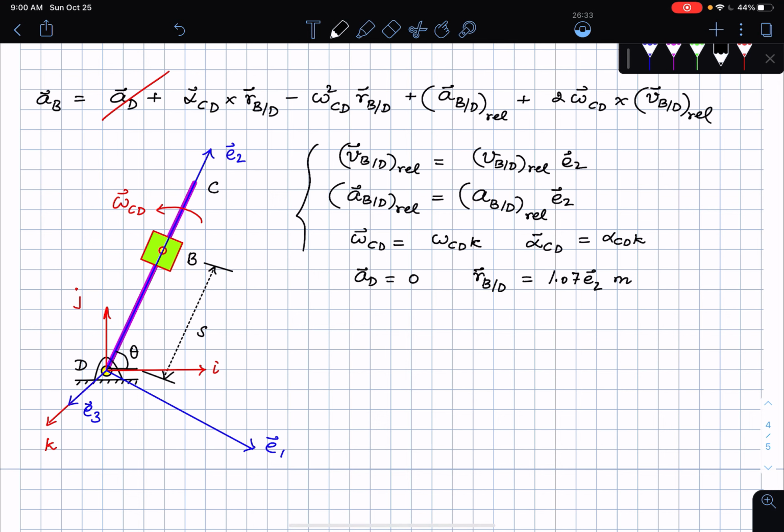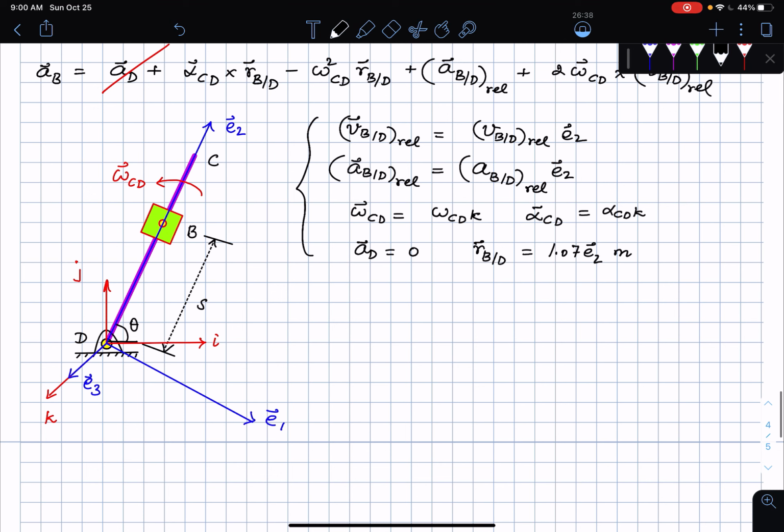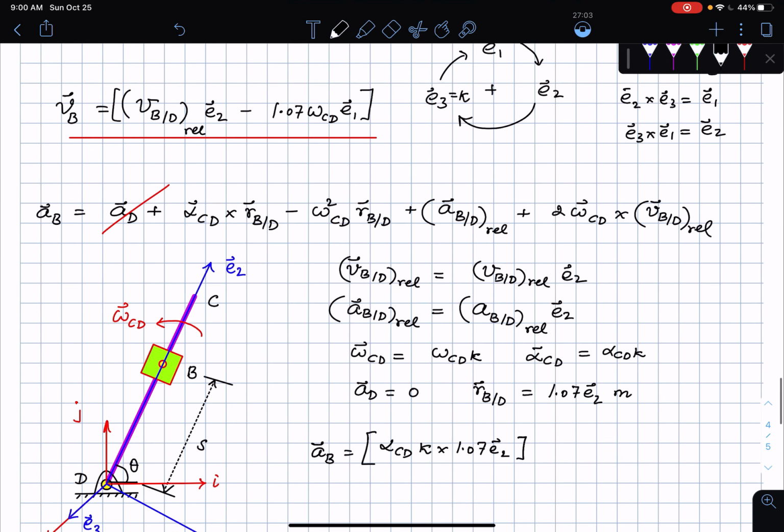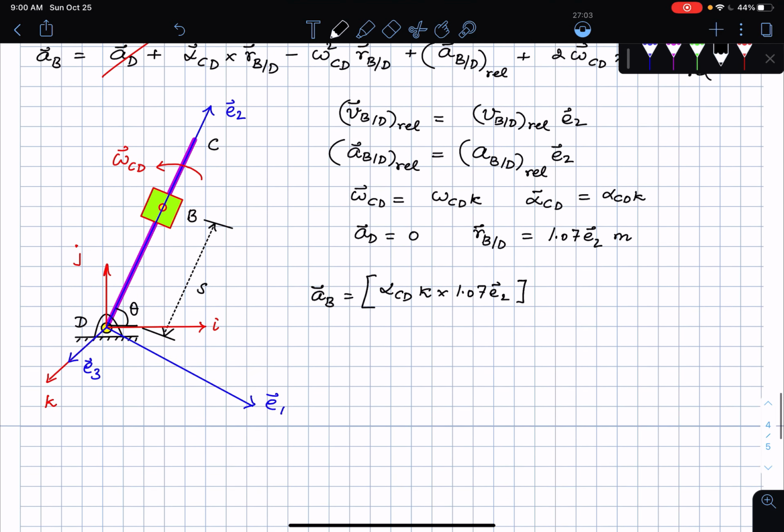So these are all things that I know, and I can now go ahead and write the acceleration of B as the following. So acceleration of B is going to be, AD is 0, so alpha CD in the K direction crossed with RB slash D, 1.07 E2. And I have my triad, which I'm always keeping on here.